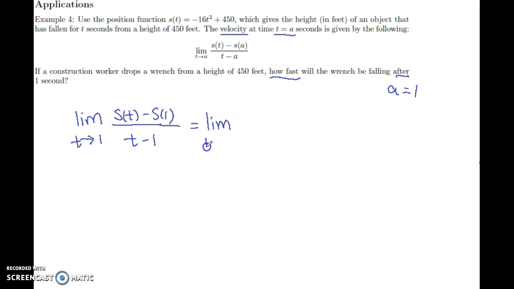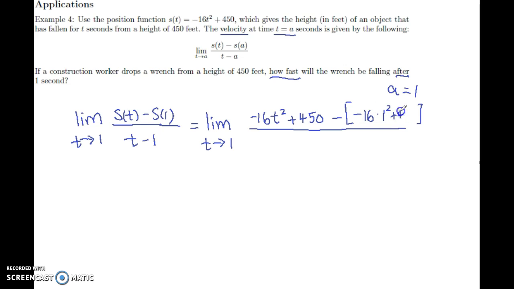Limit as t goes to 1. First is your s of t, which is negative 16 t squared plus 450. Then you minus s of 1, okay? So what is s of 1? It is negative 16 times 1 squared plus 450, divided by t minus 1.